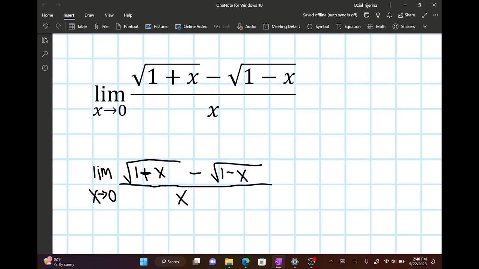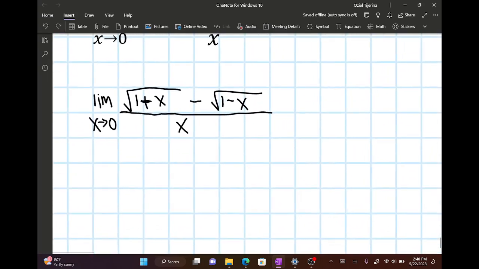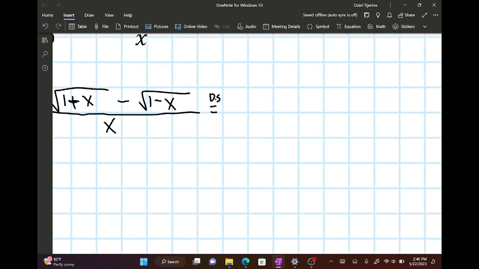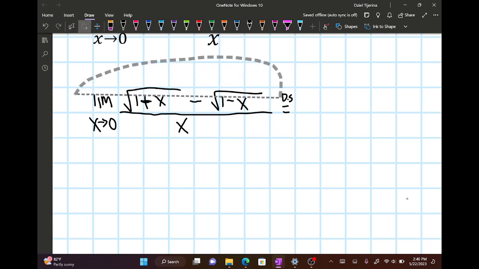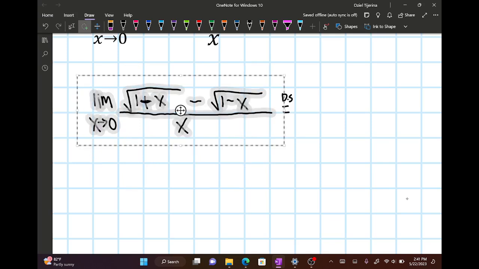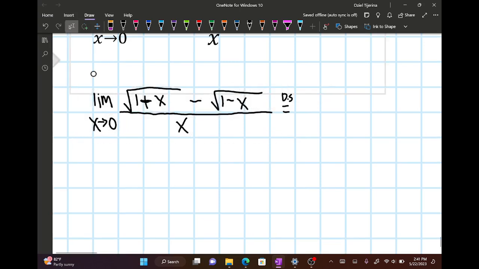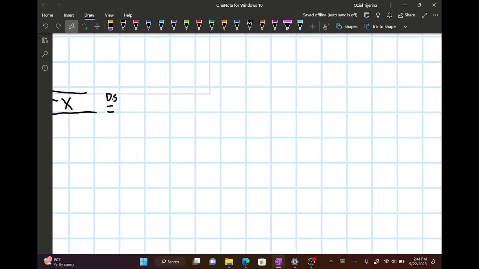So we have this, and if I do direct substitution, obviously I'm going to substitute x equals 0, so I'm going to see if I can grab this here, and then copy and paste.